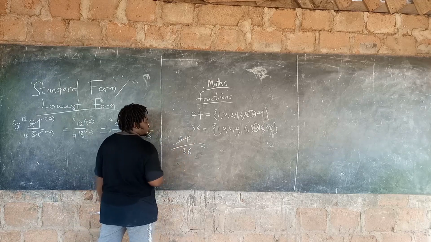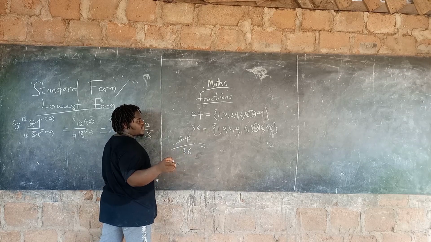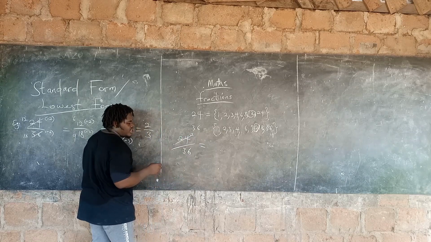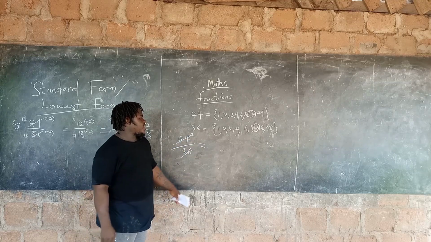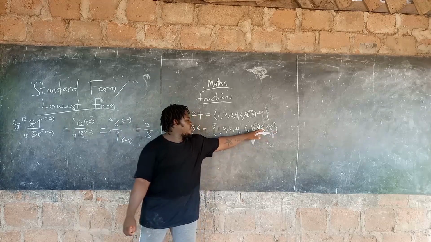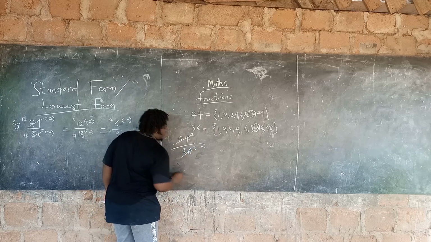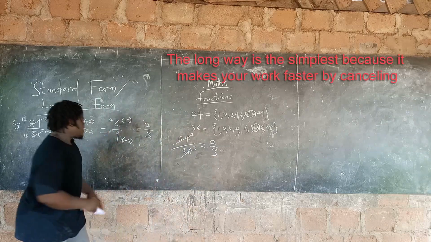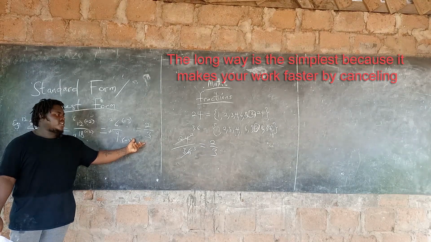Now, 12 will go into 24 how many times? 12 will go into 24 2 times. So we will write our 2 here. And then 12 will go into 36 how many times? 3 times. So it makes the answer 2 over 3. And that is the same thing we had over here.